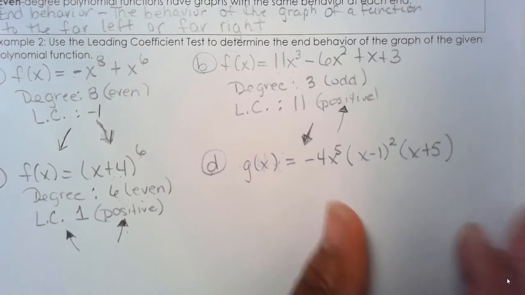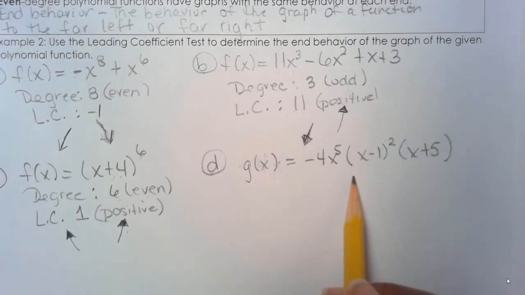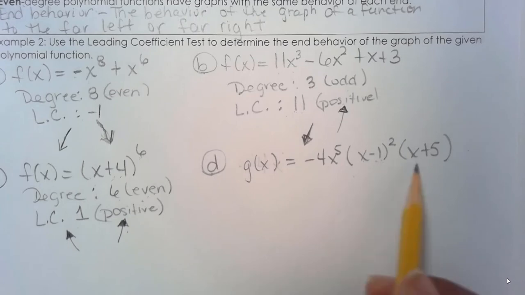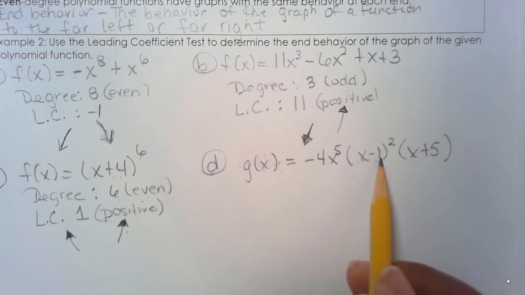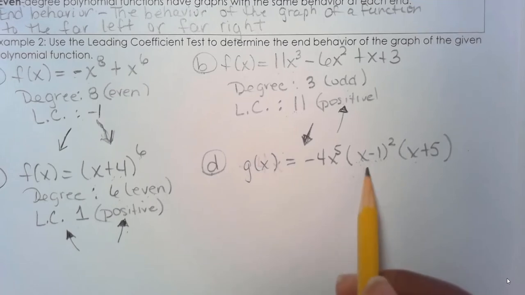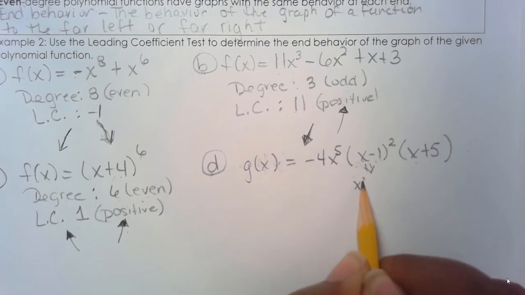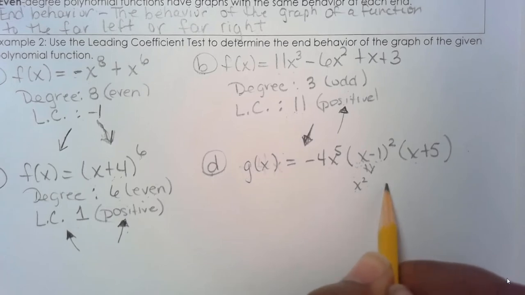Now this is a bit tricky because we can't say that the highest degree to this would be 5. Because if we were to multiply this out, meaning we're writing the quantity of x minus 1 squared, we're going to FOIL that. That means the highest degree to this at this point is going to be x squared, because this would be x squared minus 2x plus 1.